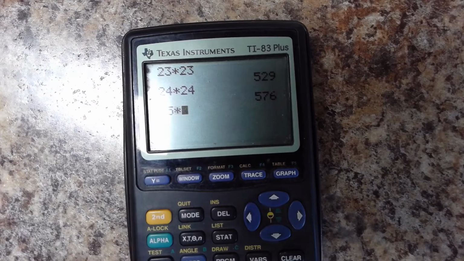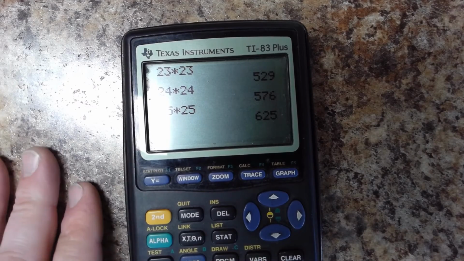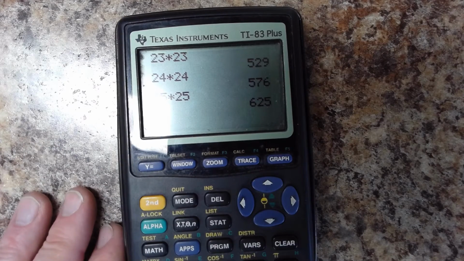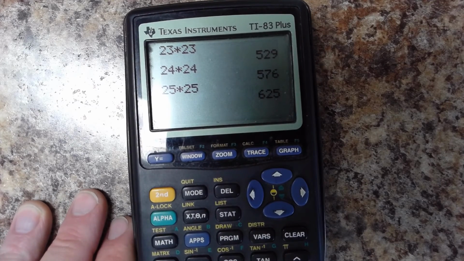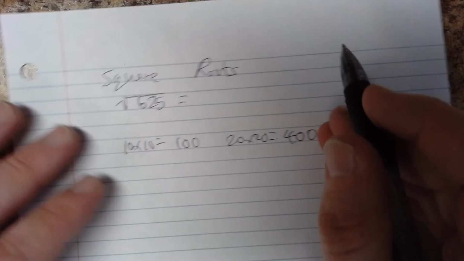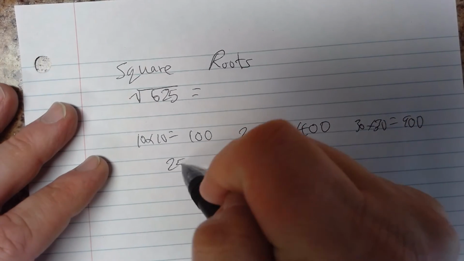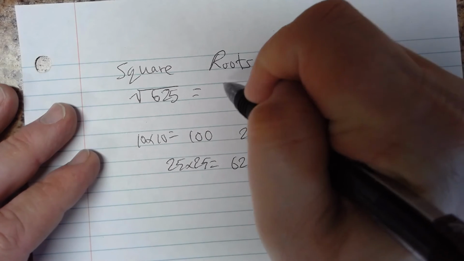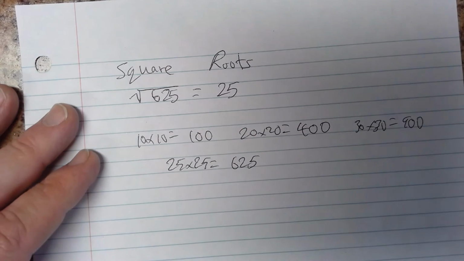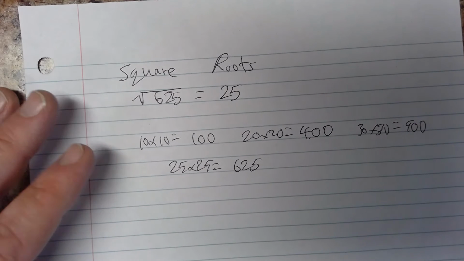Must be the next one though. So once I know what my range is, I can go ahead and try and find it. And it turns out 25 times 25 is 625, and therefore the square root of 625 is indeed 25.